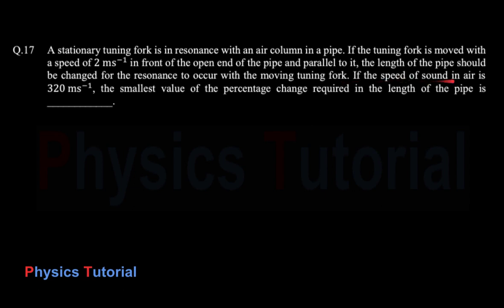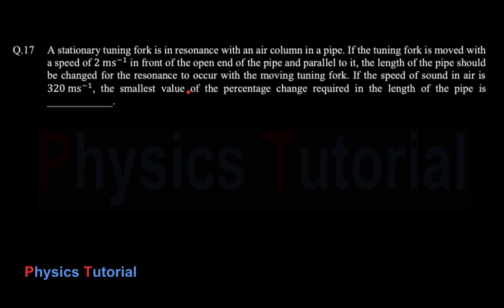If the speed of sound in air is 320 meter per second, the smallest value of the percentage change required in the length of the pipe is. So here, for the pipe, the resonance, that is f equal to nv upon 4L, you have to use. So L is the initial length of the pipe, and n you have to put 1.